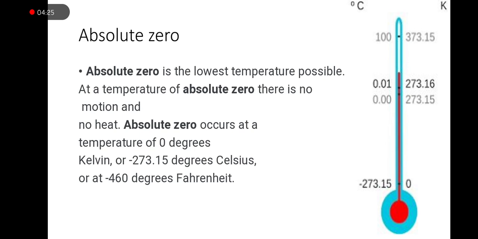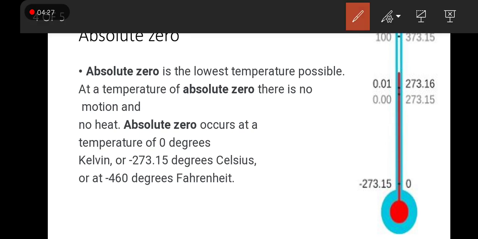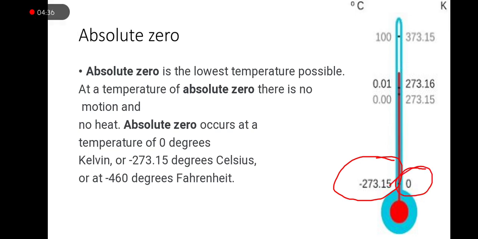You can see in this picture, 0 in Kelvin is equal to minus 273 in Celsius. These are both equal. And in Fahrenheit it is minus 460.